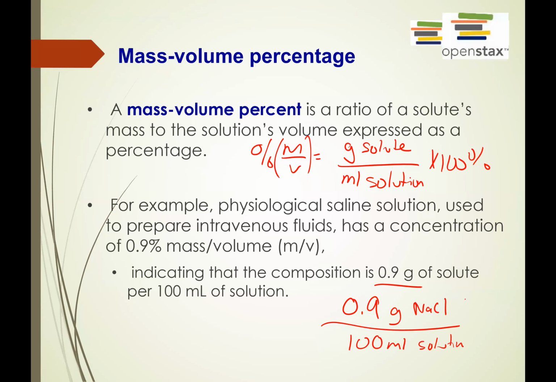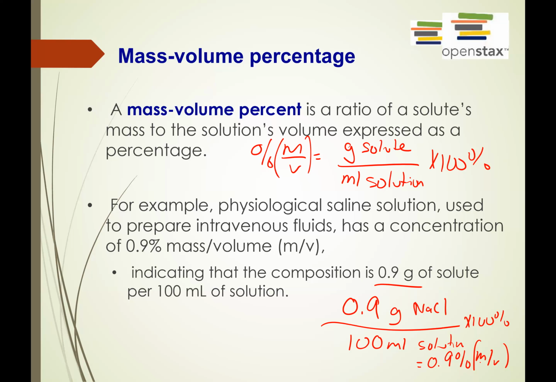When we multiply that times 100%, we get 0.9%, and it's labeled M/V. So if you ever see a saline bag, it'll have 0.9% M/V, because this is the unit we always use. If you have anybody who's going into nursing, you're going to see this all the time. This is a unit you will see all the time if you're going into healthcare.